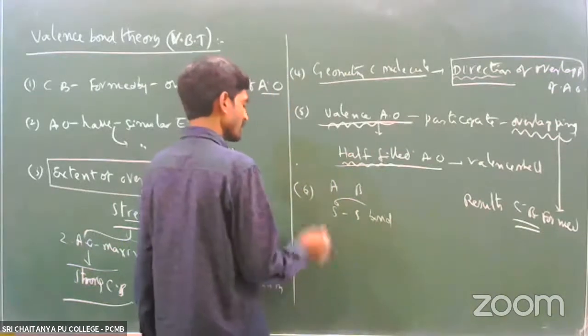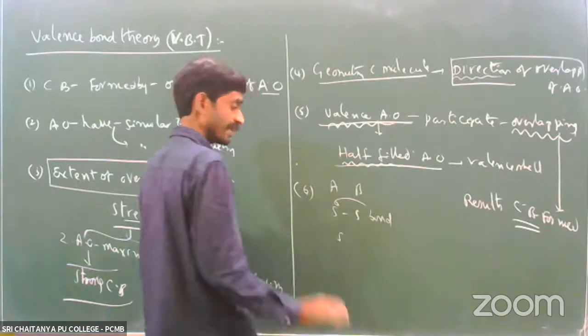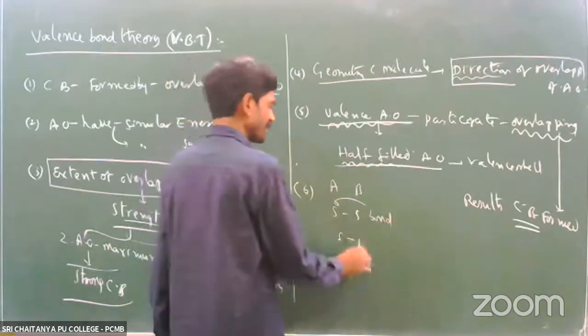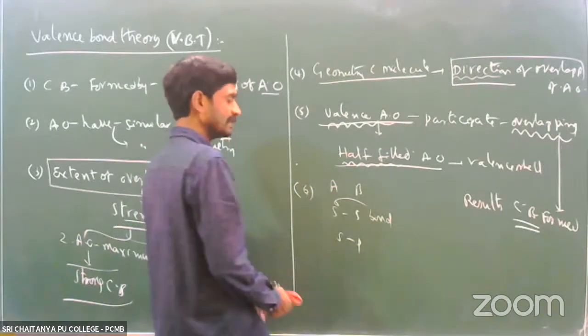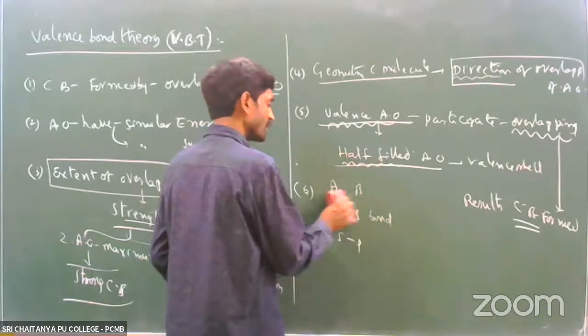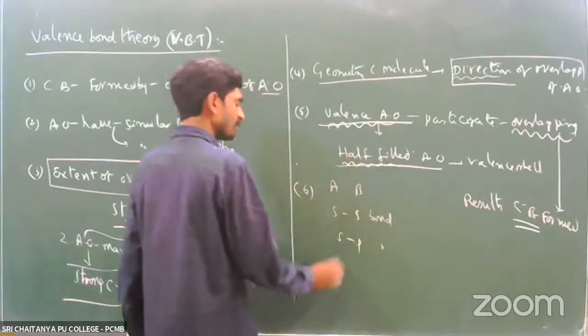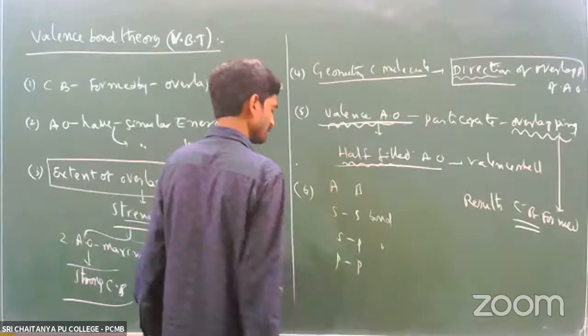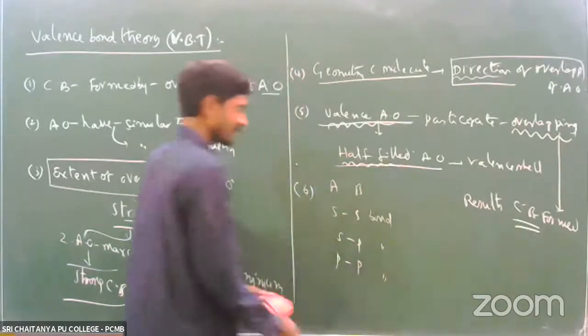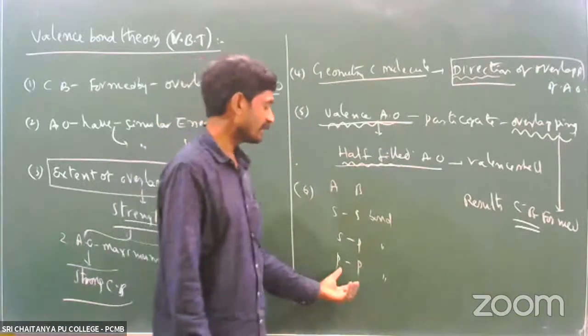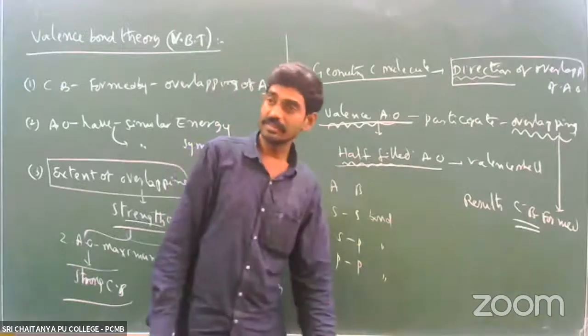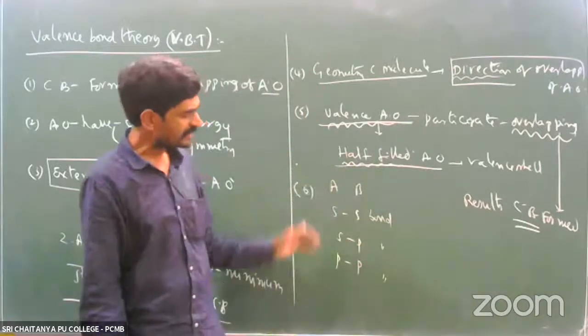If the s atomic orbital of one atom and the p atomic orbital of another atom are overlapped, they form an s-p covalent bond. If the p atomic orbital of one atom and the p atomic orbital of another atom are overlapped, they form a p-p bond. So overlapping is of different types.